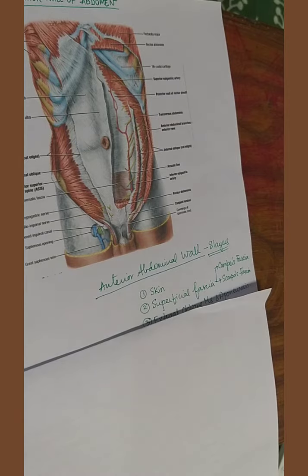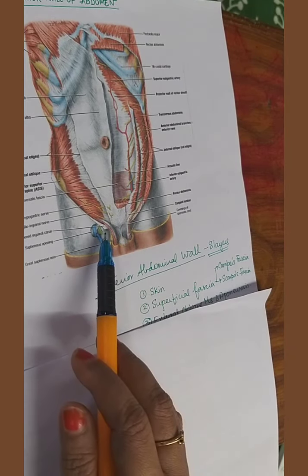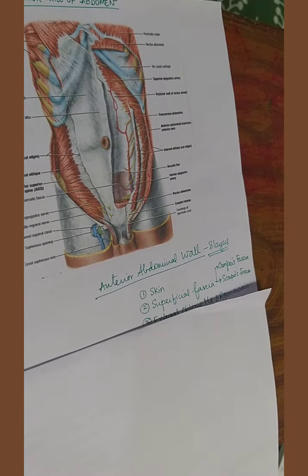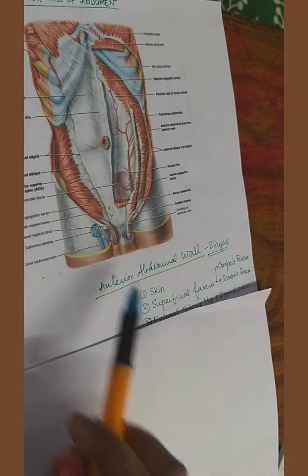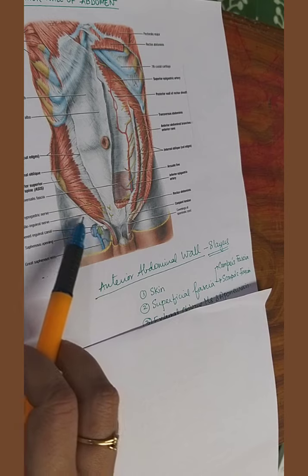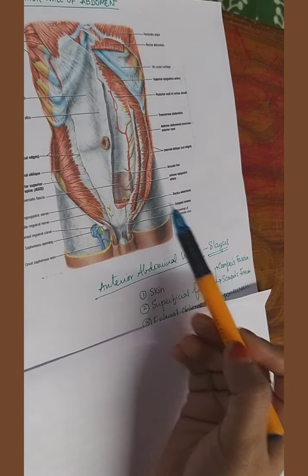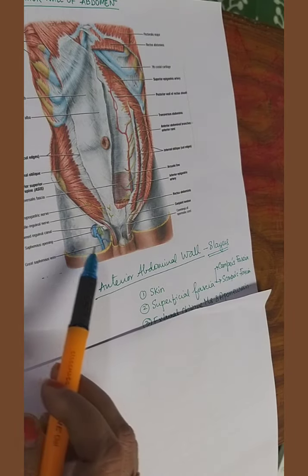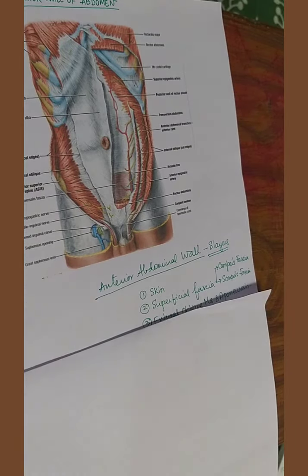Over the pubic crest, it is continuous with the dartos muscle of the scrotum and then forms the fascia of Colles of the perineum. And over the inguinal ligament, it blends with the fascia lata of the thigh.